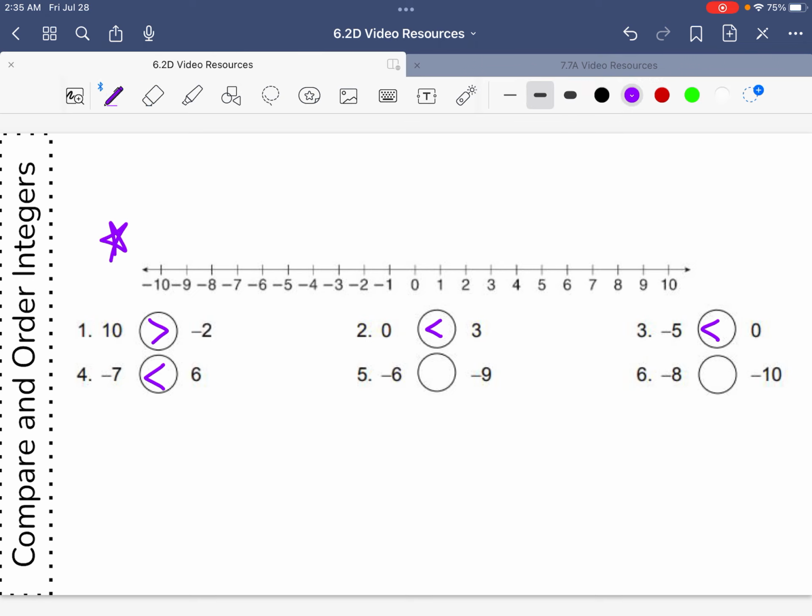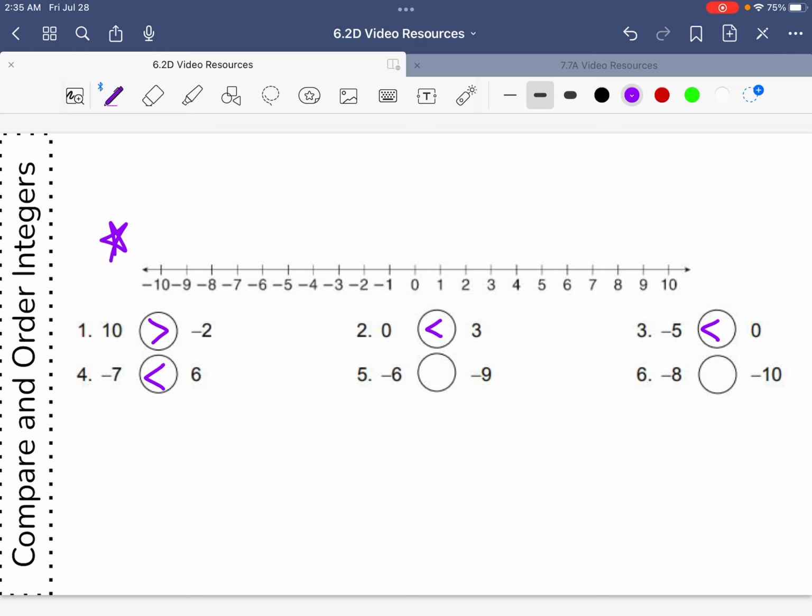Now this next problem is where it gets a little tricky and sometimes we get confused. We want to compare negative 6 and negative 9. And our brains sometimes want to generalize this to our thinking of positive numbers. This is where the number line tool is most important.